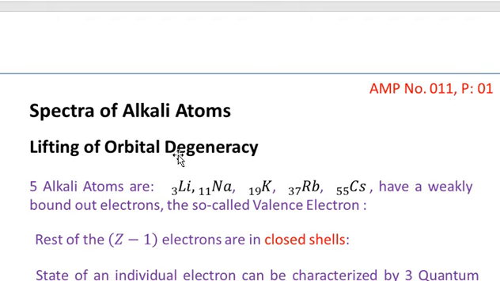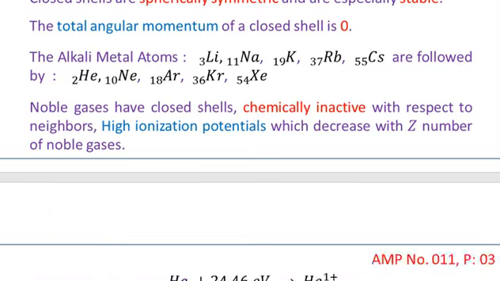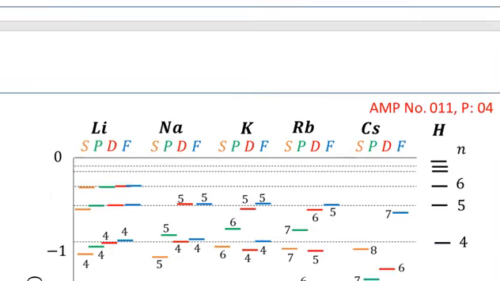Lifting of orbital degeneracy means that the energy of the levels now depends upon the orbital quantum number. So that's why we say that the lifting of orbital degeneracy means that the values of the energies are also now going to depend upon the orbital quantum number. So this is what I have shown over here.